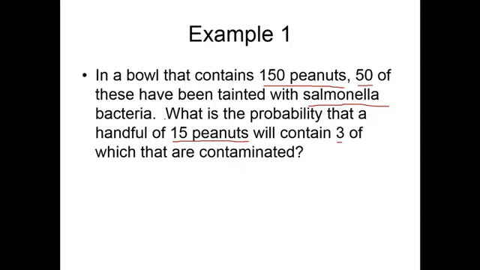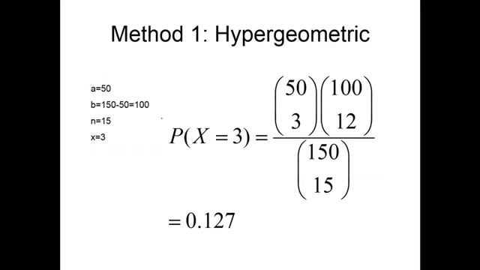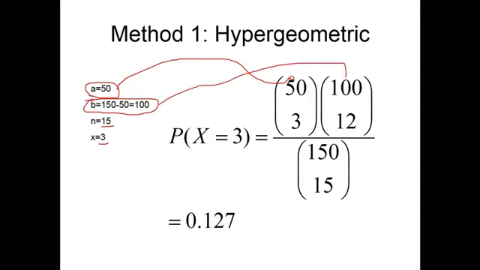In the way the language is set up here, getting a contaminated peanut is a success. There are 50 contaminated peanuts and 100 that are not contaminated. We take a handful of 15. What's the probability of getting 3? And again, we feed the formula. This is something we've done numerous times in previous slides.